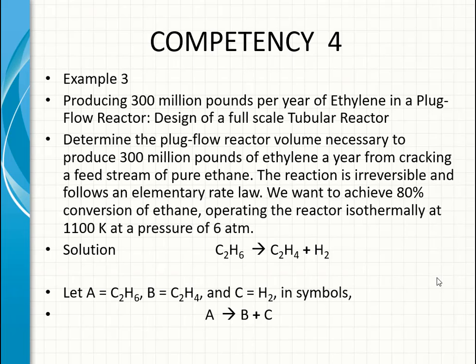And now in this example, we are going to produce 300 million pounds per year of ethylene in a flow reactor, the design of a full-scale tubular reactor. Determine the flow reactor volume necessary to produce 300 million pounds of ethylene a year from cracking a feed stream of pure ethane.